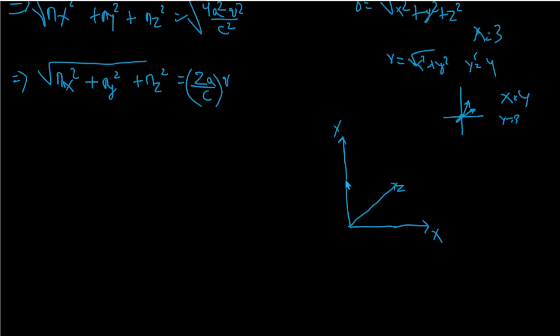But you all know that nx, ny, and nz can only take positive values. It means in three dimensions there are eight octants, and we have to take the positive octant. So the positive octant lies here.